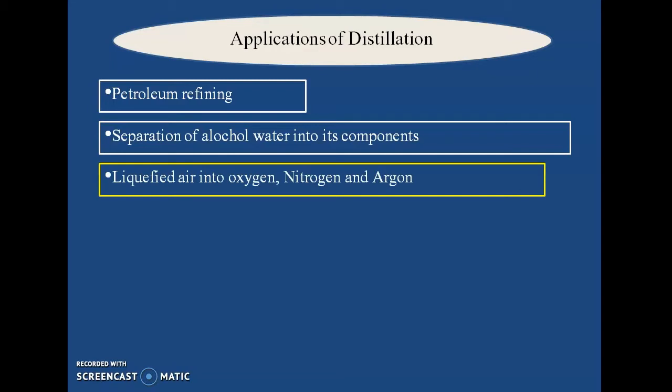Liquefied air is separated into oxygen, nitrogen and argon. Nowadays, due to the COVID pandemic, oxygen production has gained much interest. The air is taken into a compressor and compressed, and after following some unit operations like heat transfer and mass transfer, it is sent to a distillation column where the liquefied air is converted into oxygen, nitrogen and argon.